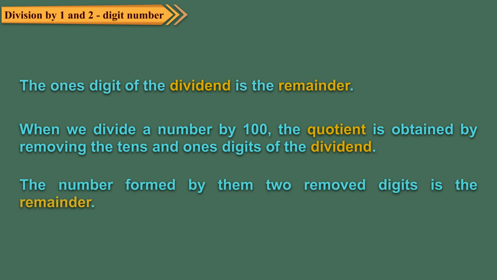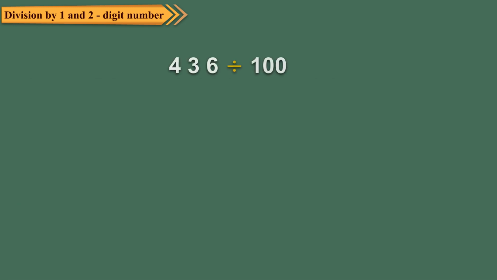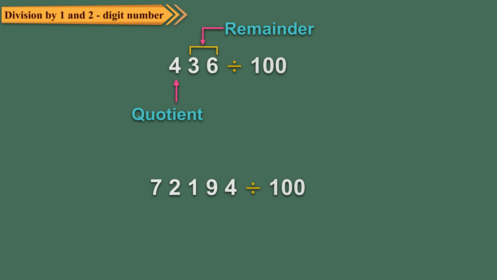The number formed by the two removed digits is the remainder. For example, on dividing 436 by 100, the quotient is 4 and the remainder is 36. Similarly, on dividing 72,194 by 100, the quotient is 721 and the remainder is 94.